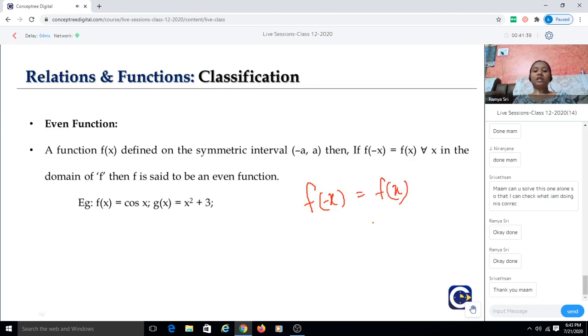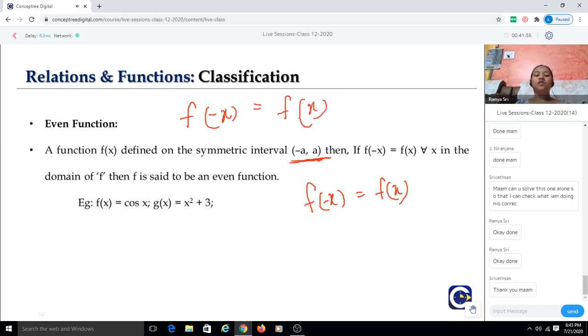If we define a function f of x on a symmetric interval minus a comma a, and it satisfies the condition f of minus x equal to f of x, then the function f of x is called an even function. Here we can find a few examples.